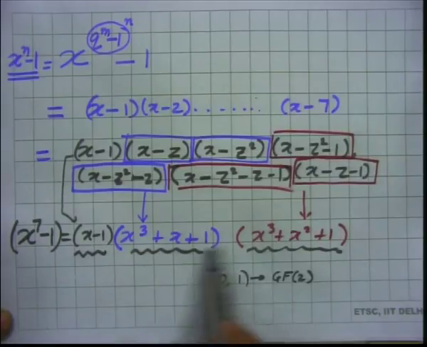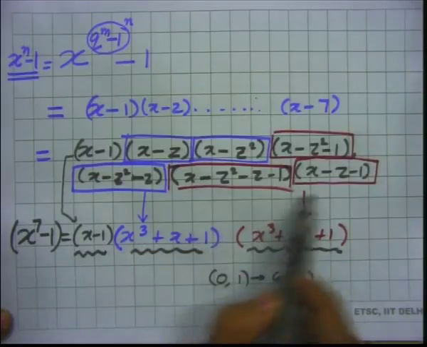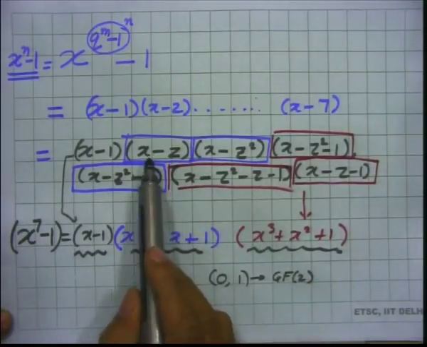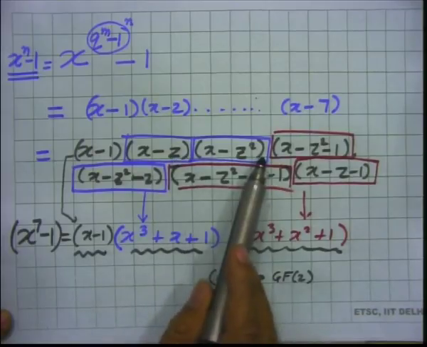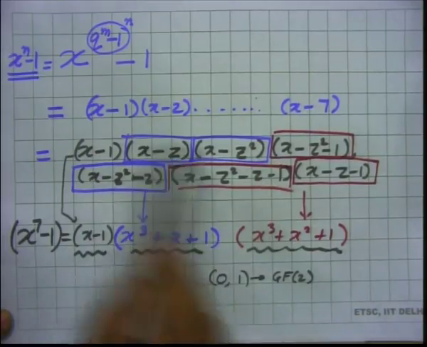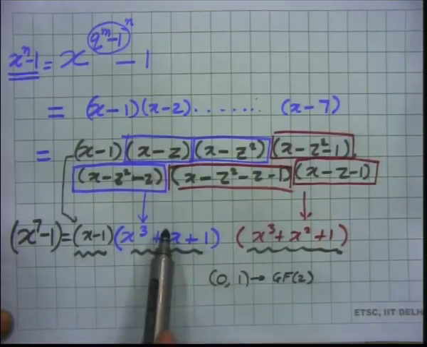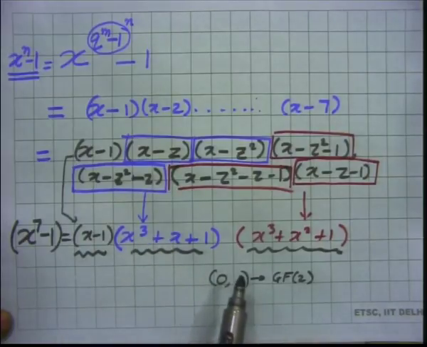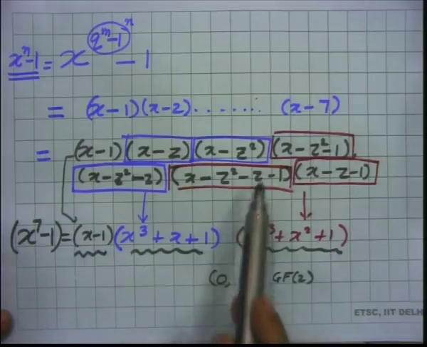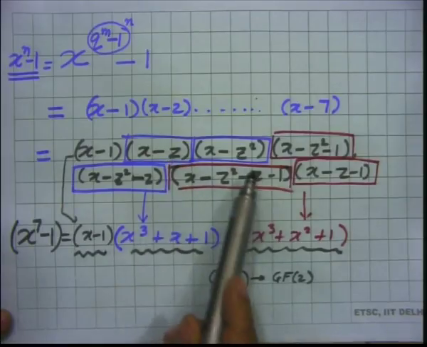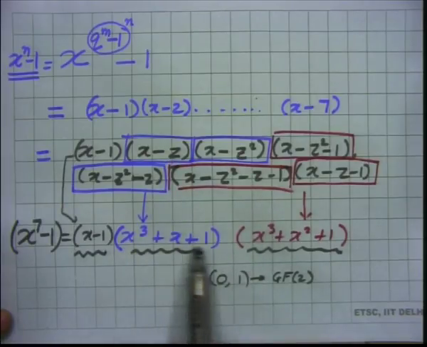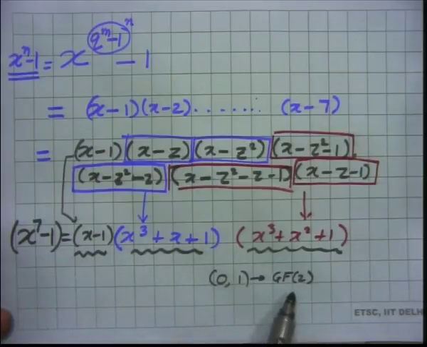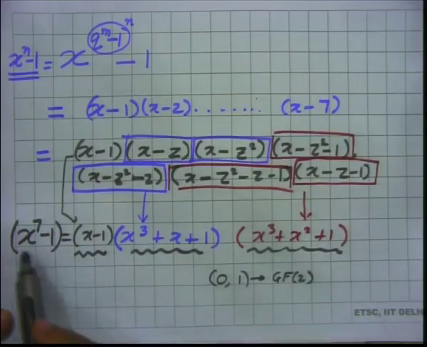Look at the number of z's: if I take x minus z into x minus z square into x minus z square minus z, there are many z's, but when you multiply them out, magically all the z's cancel out, because z belongs to the extension field, but here the coefficients are only in the base field GF2. Same with the other one.